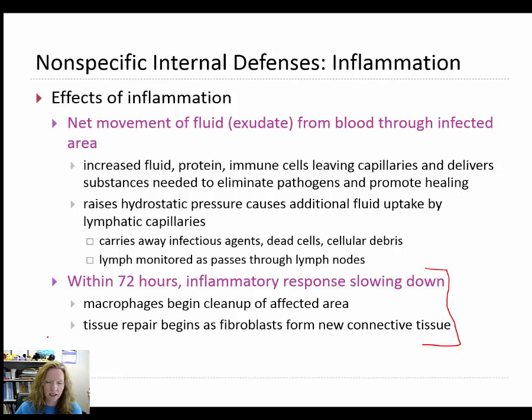So that's one big thing, destroying the infectious agent that might have caused the injury or is coming in with the injury. But it's also going to help limit the spread of the pathogen as well. And then, of course, this is another big thing of inflammation, this whole process of repairing and replacing the tissue.